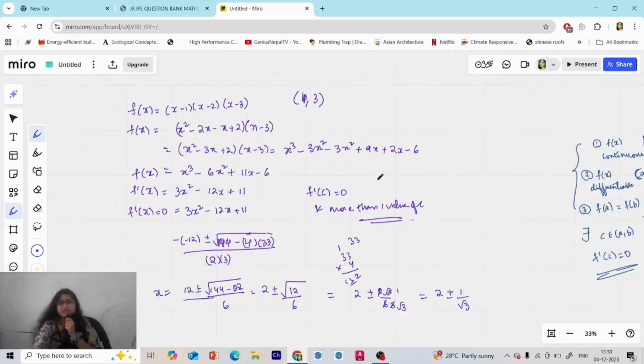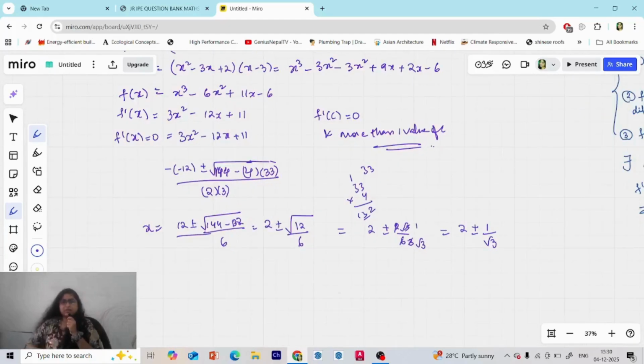And that's what they're saying. If f dash c is equal to 0, what does it mean? There are two values of c. So c here is equal to 2 plus or minus 1 by root 3. Therefore there are more than one value of c. Hence proved.